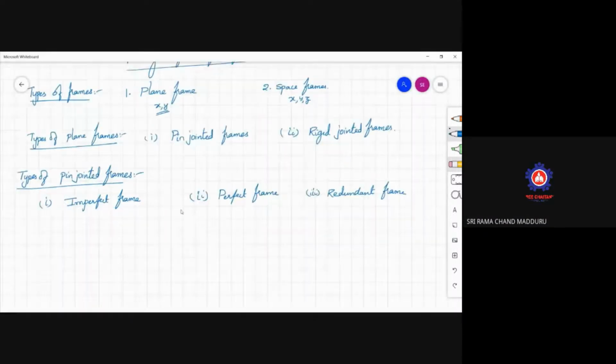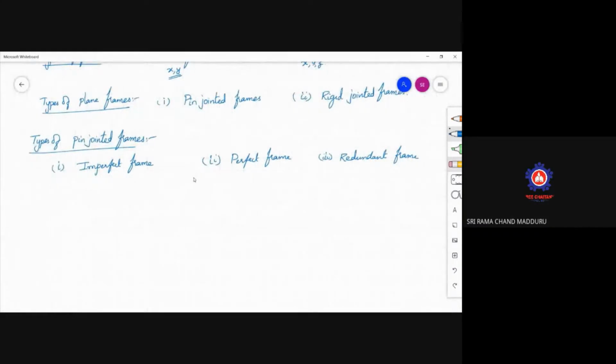In the types of pin jointed frames, there is one equation available: if m is less than j minus r, then the frame is said to be an imperfect frame.